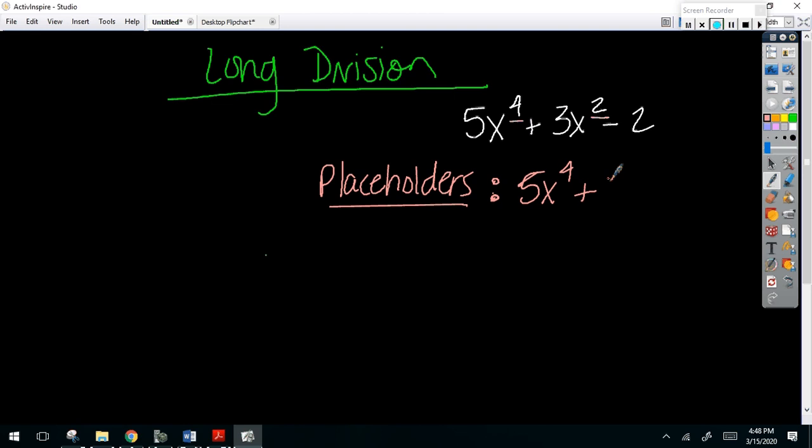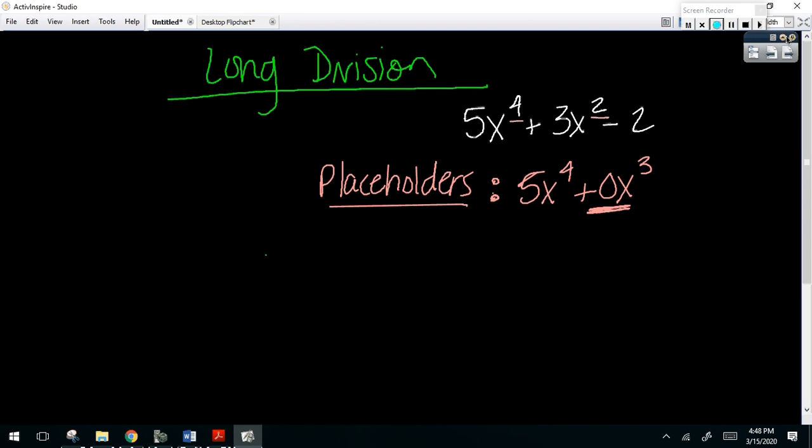I'm missing a power of 3, so I hold its place with a 0, all right? I've got 3x squared, but I'm missing now this x term, so I hold its place with a 0, minus 2, okay? It's going to be really important as we go through long division that you understand everything you do with polynomials in polynomial long division. You need to make sure that you have a placeholder there should you need it, okay?